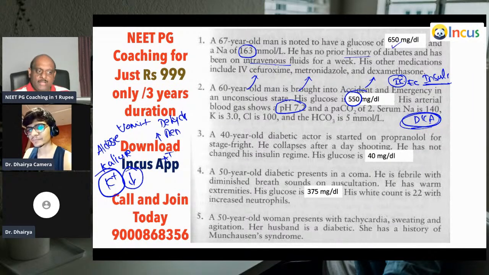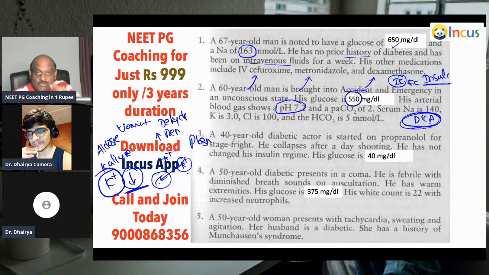But all that potassium, instead of being inside the cell, because insulin is required to move the potassium from serum into the cell, even though the total body potassium is low, in these people, all that potassium is outside the cell, that is in the plasma. That is from where we are drawing the sample and looking for the level.